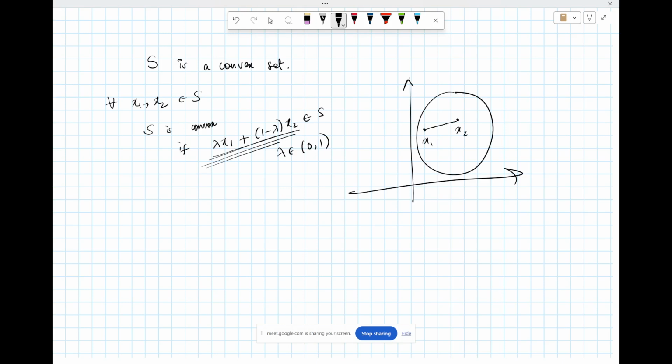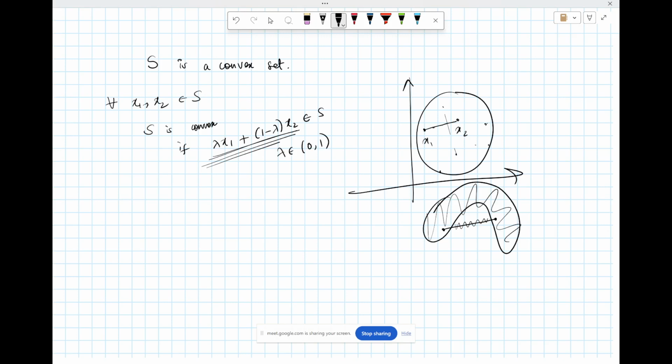So this is convex. In this circle case, it is true: any two points you take, if you draw a line joining them, all the points will be part of that set only. But if I have something like this as my set, and I take this point and this point and the line joining them, then these points are not part of the set, right?